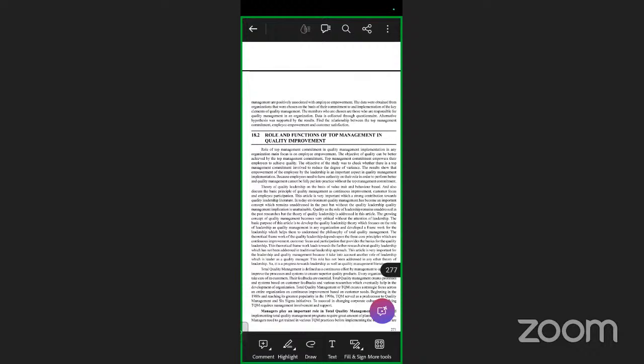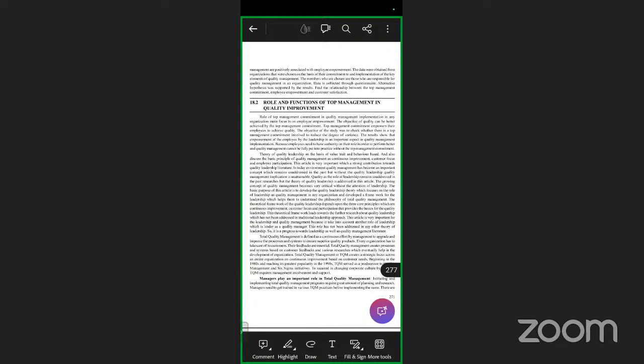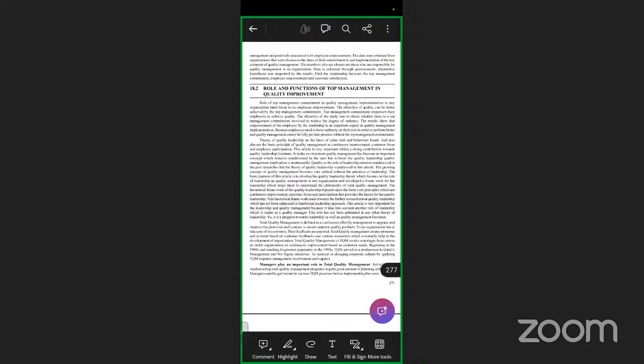The result shows that empowerment of employees and leadership are important aspects of quality management. Employees need to be authorized in their role to perform better, and quality management cannot be fully put into practice without top level management commitment.